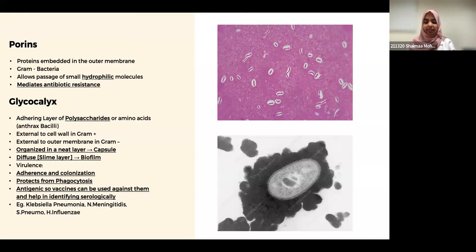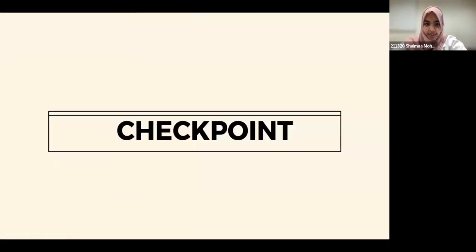Dr. Atif used to tell us, if a bacteria is capsulated, know that it can cause meningitis. It can cross the blood-brain barrier and cause meningitis, okay? Capsule equals meningitis. We also have vaccines made up of the polysaccharide layer, the capsules of Neisseria meningitidis, Streptococcus pneumoniae, and Haemophilus influenzae, to protect us against them, okay? So that is for the glycocalyx.